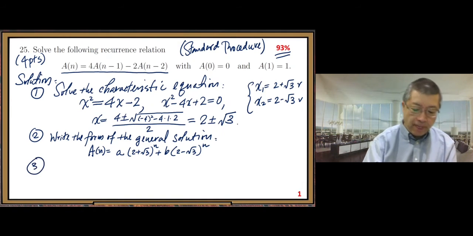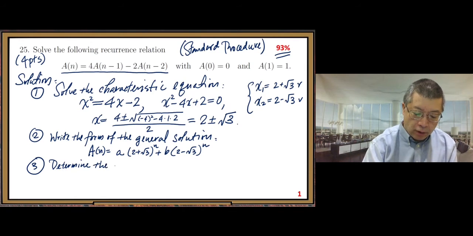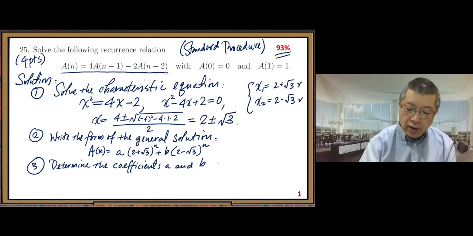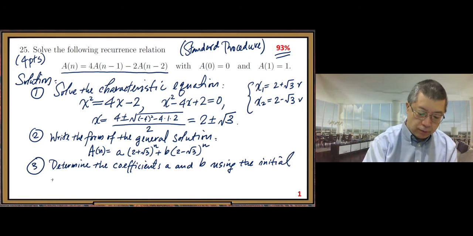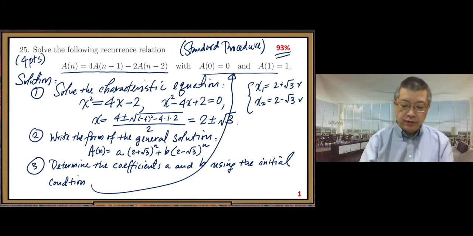Step 3: determine the coefficients little a and little b using the initial conditions, these two initial conditions.